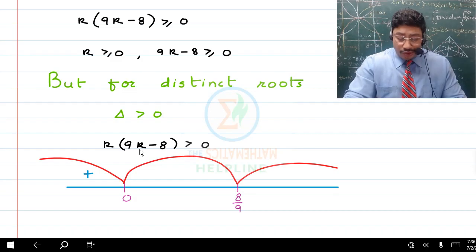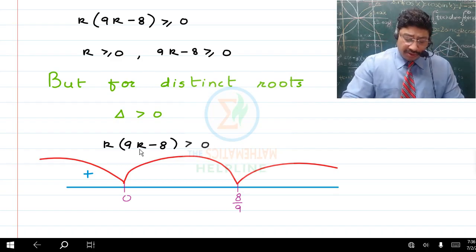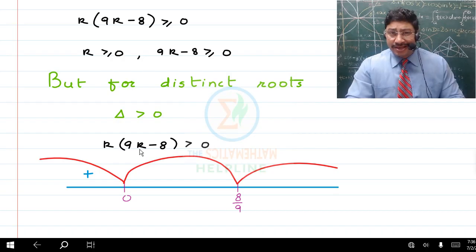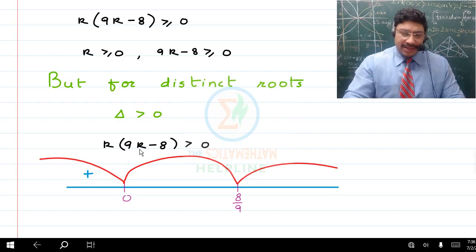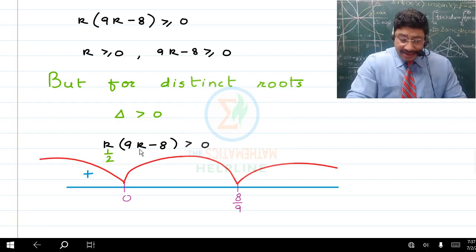And now we talk about the other portion. Remember, we just require portions which are greater than 0, that means positive, right? So if we keep a value of k which is between 0 and 8 upon 9, let's check what will happen. So if we keep the value of k to be 1 upon 2, then we will get 9 upon 2, from which 8 is to be subtracted, and let's see what happens.